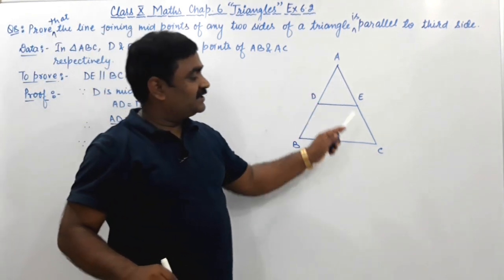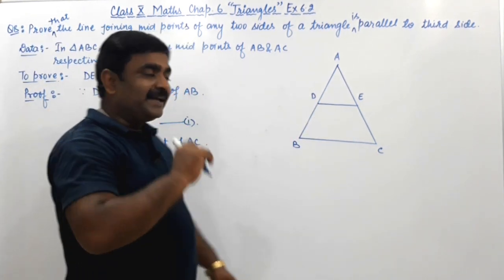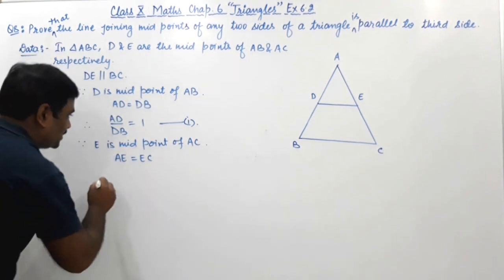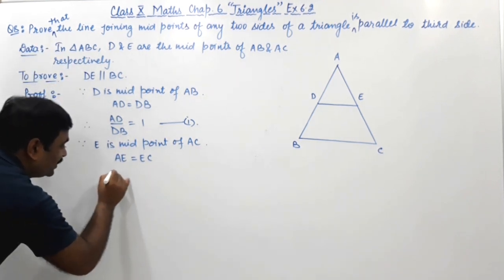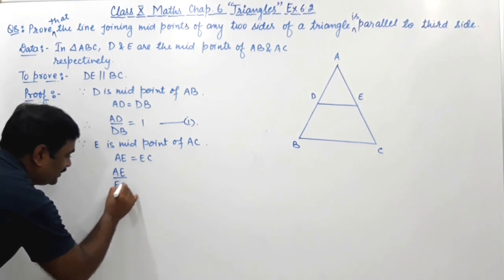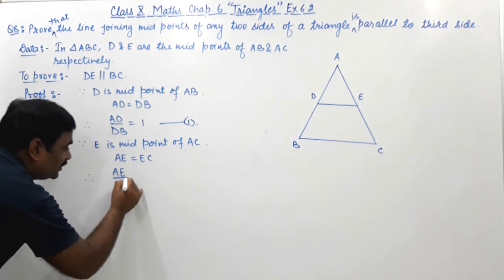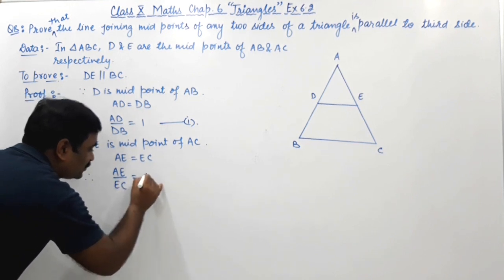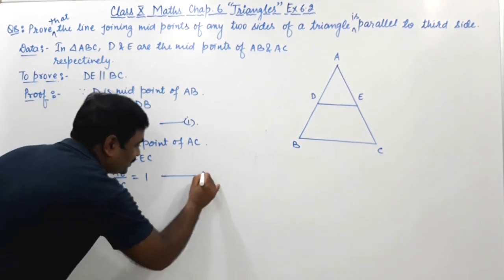And the ratio of these two, AE upon EC, as they are equal, so also you will get 1. Equation number 2.